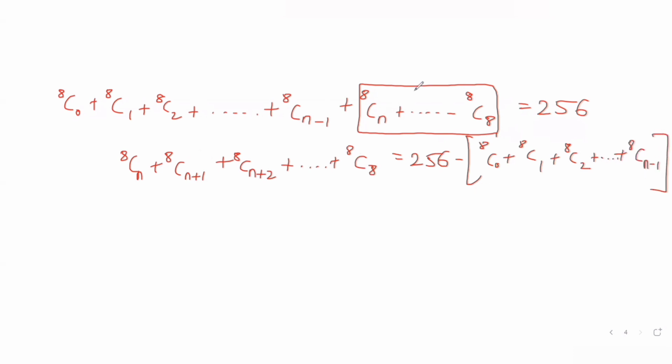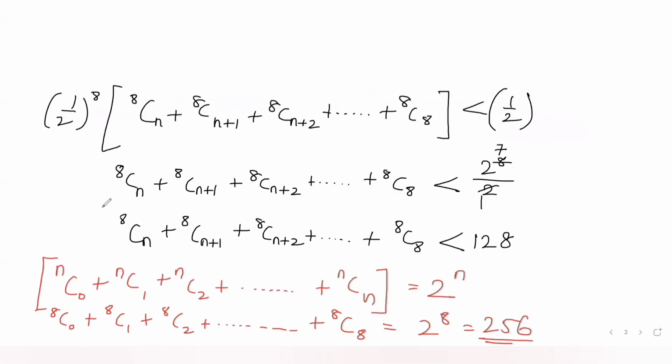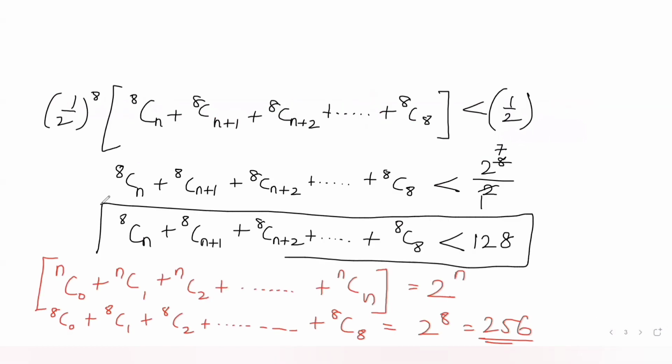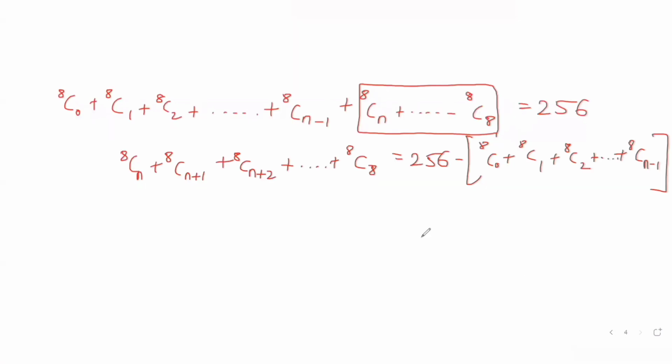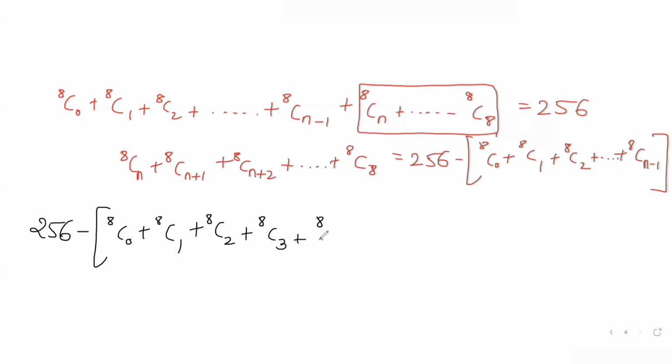Now, once I have this entire thing with me, I can use that condition here. So if I write this condition now, I get it as 256 minus (8C0 plus 8C1 plus 8C2 plus 8C3 till 8C(n minus 1)) is equal to 128.